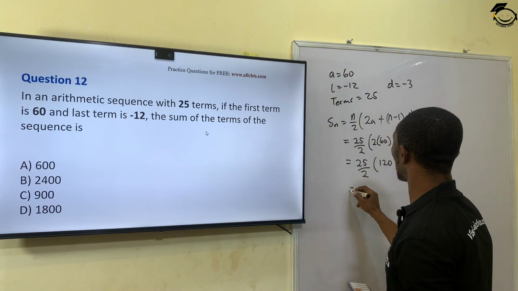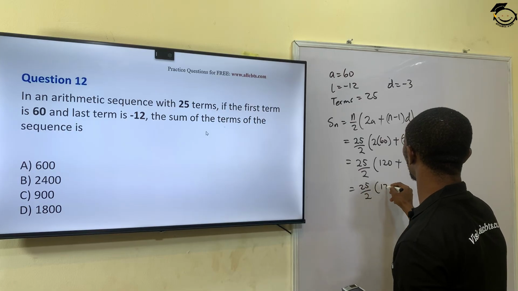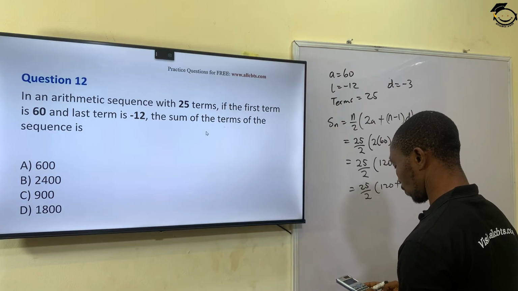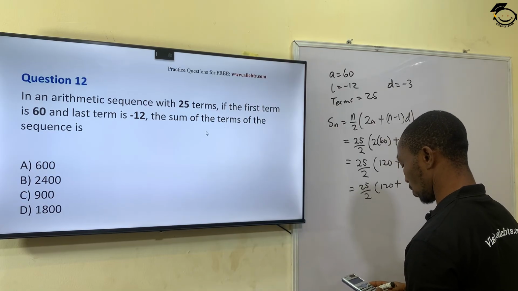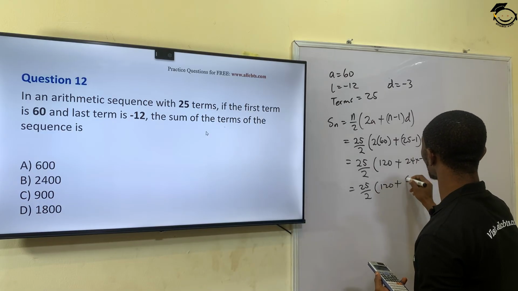Okay, so we would have 25 over 2, bracket 120 plus 24 times minus 3, and 24 times 3 would give us 72, so this would be minus 72.